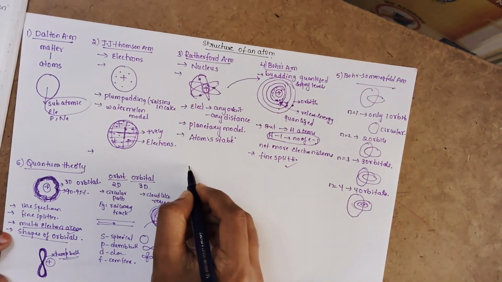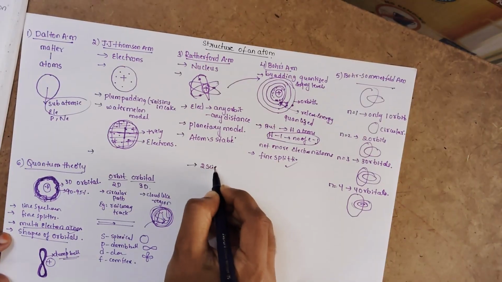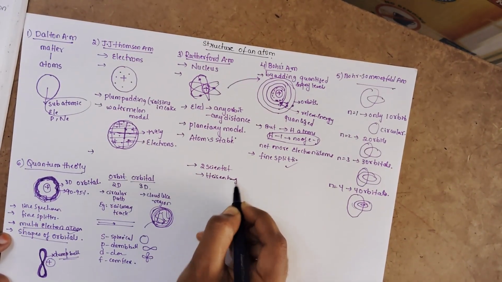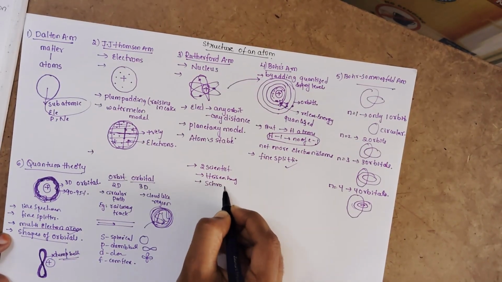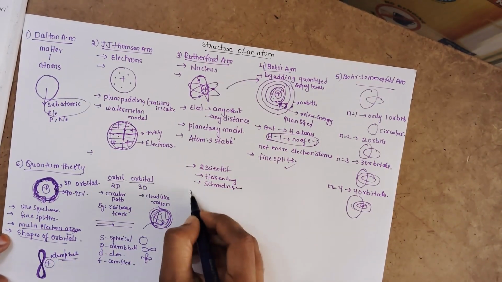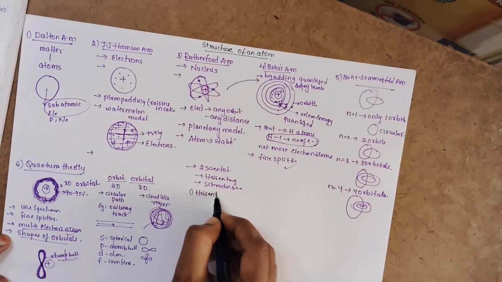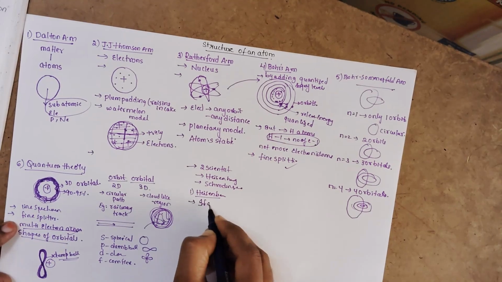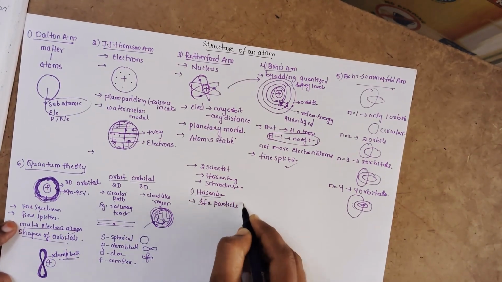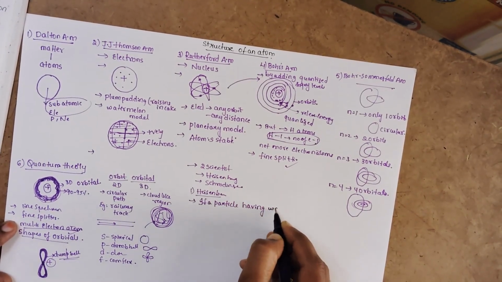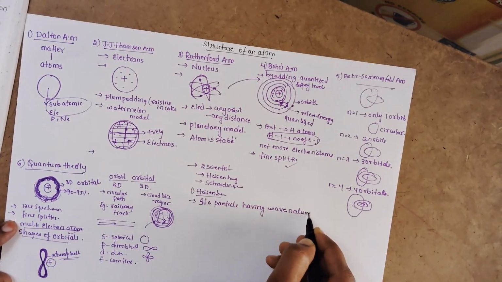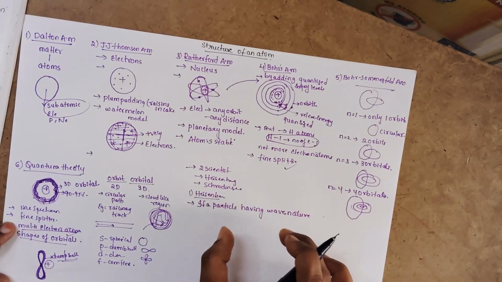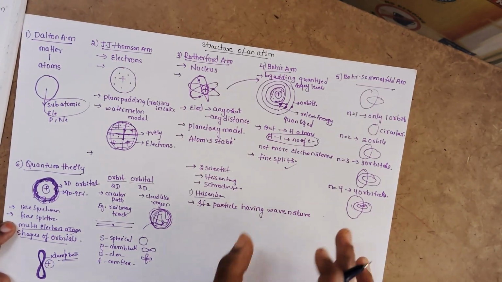Now this theory is explained by two scientists, Heisenberg and Schrödinger. First one is Heisenberg. Here he says that if a particle having wave nature is moving, it is impossible to determine its exact position and momentum at the same time.